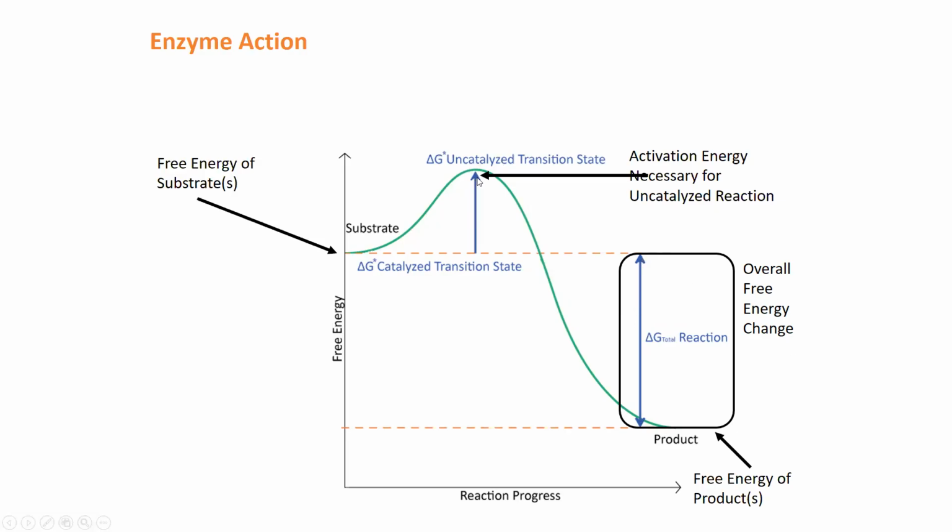You see, it's the same, it doesn't matter how much you drop the activation energy barrier. So the enzyme decreases the activation energy necessary for the reaction to go from reactants to products, but the net free energy remains the same.